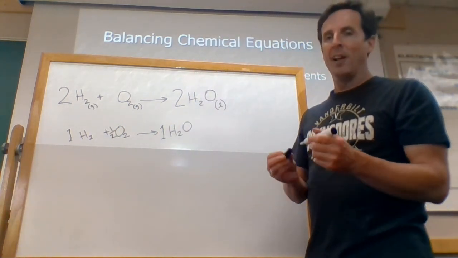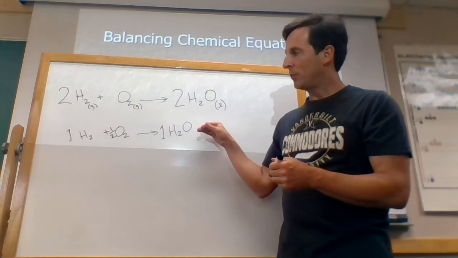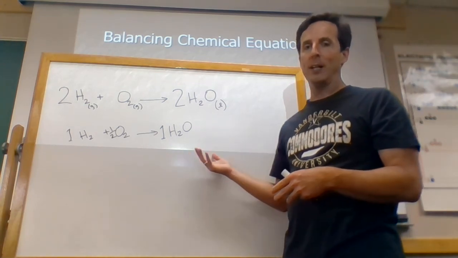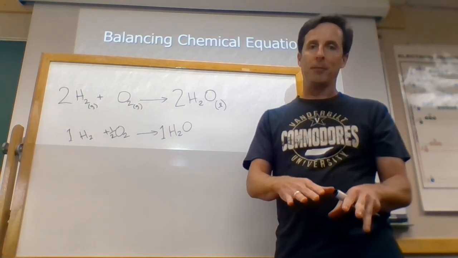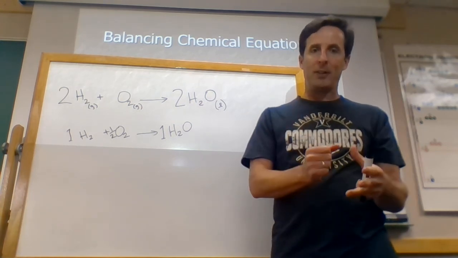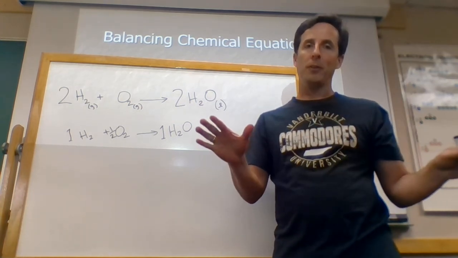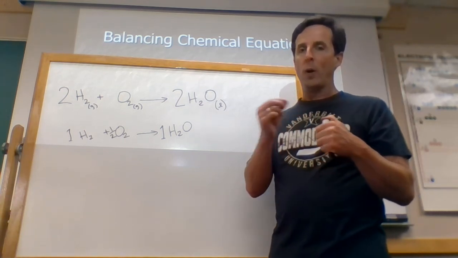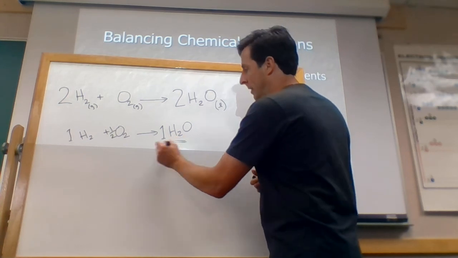Okay, so that equation, while correct, is not really how we prefer you to write the reaction in this chapter. In this chapter, if I tell you to balance the equation, I want whole numbers. But be aware that later on there are going to be special cases where they want to lock in 1 mole right here.